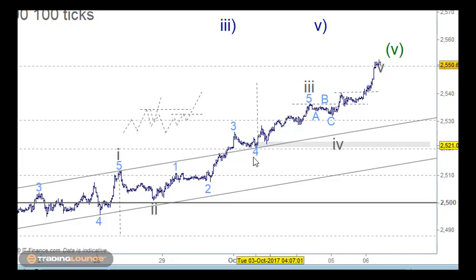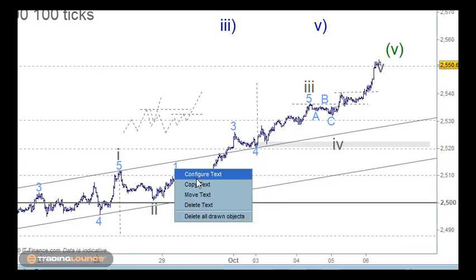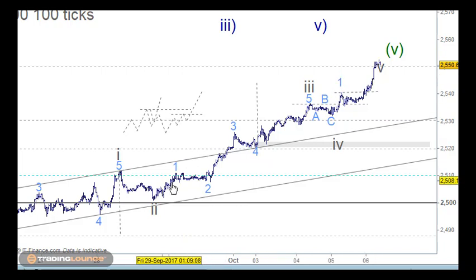So what we can do here is copy that as 1 and 2 into here, and just have a closer look at this for a second.